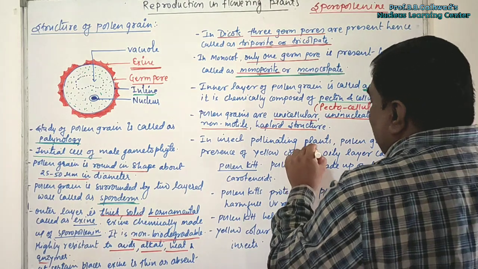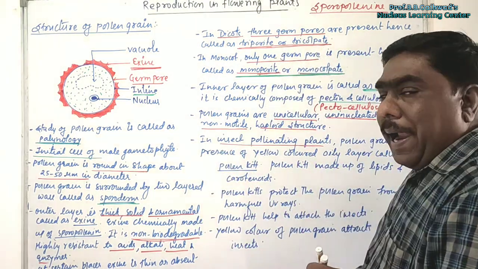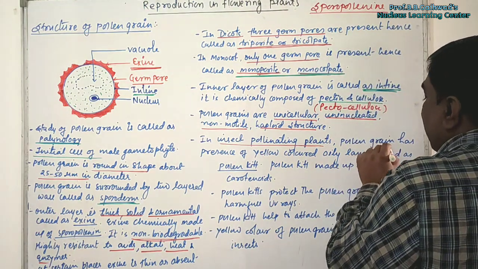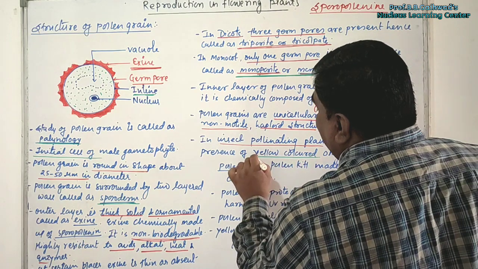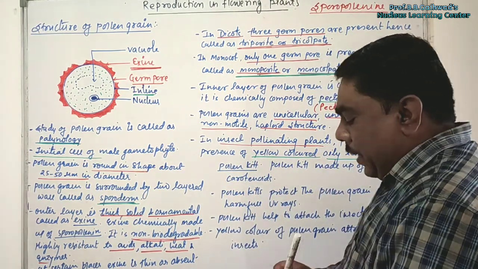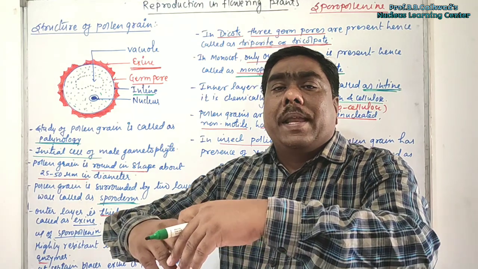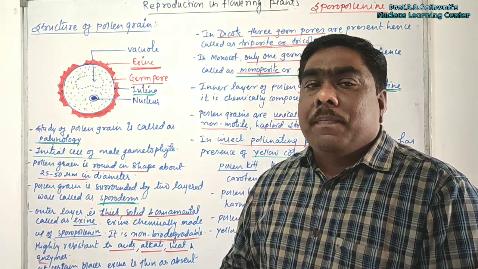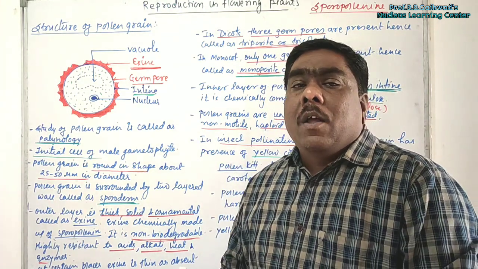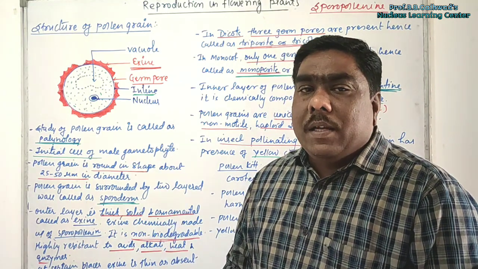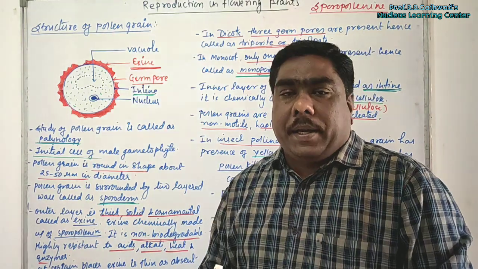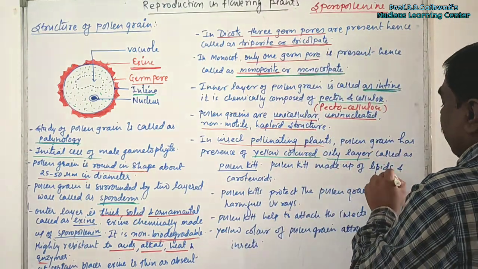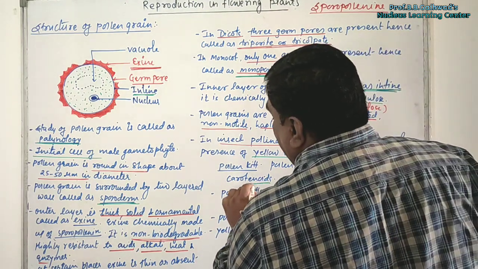ओके, नाउ इन इंसेक्ट पॉलिनेटिंग प्लांट्स, जिसको हम क्या बोलते हैं? एंटोमोफिलस प्लांट्स. इन एंटोमोफिलस प्लांट्स pollen grain has a presence of yellow colored oily layer. पोलन ग्रेन के आउटसाइड पे येलो कलर्ड ऑयली लेयर प्रेजेंट होता है, एंड दैट ऑयली लेयर विच आर प्रेजेंट ऑन द पोलन ग्रेन ऑफ एंटोमोफिलस प्लांट इज कॉल्ड एज अ पोलन किट. क्या बोलते हैं उसको? पोलन किट. एंड दिस पोलन किट इज मेड अप ऑफ लिपिड्स and carotenoids.